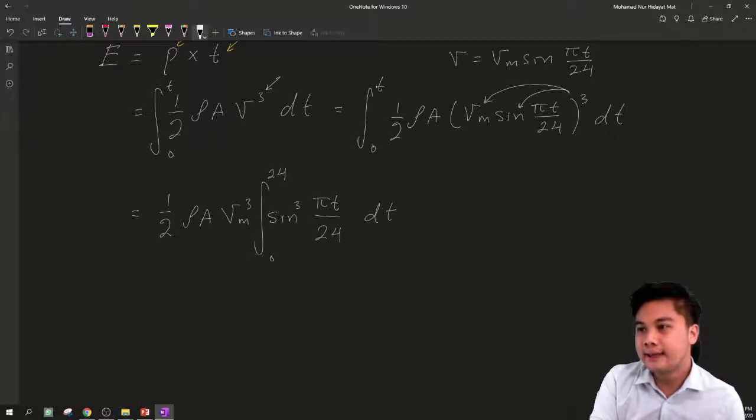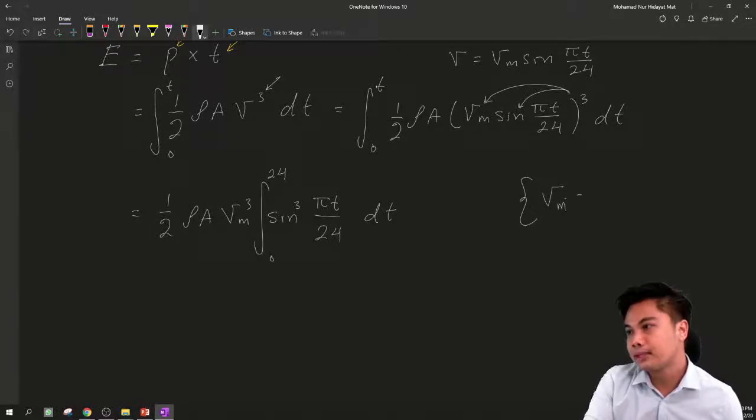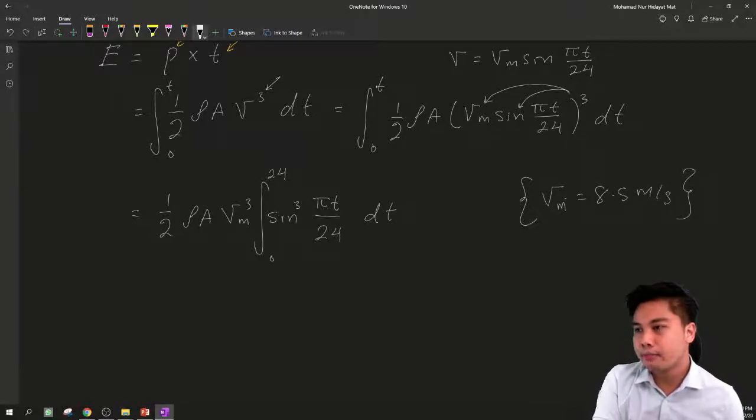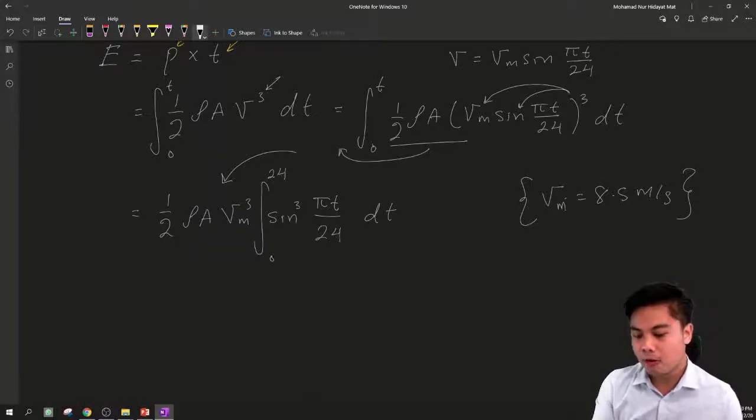We notice that 1 over 2 is constant, rho is constant, area is constant, and Vm cubed is constant, because Vm is given as 8.5. So we move these to the outside, leaving only sine cubed pi t over 24 dt.